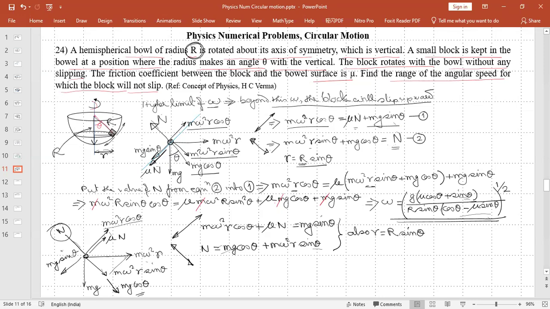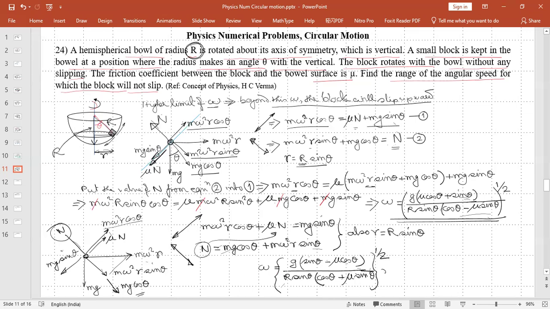If you find out the value of omega similarly, that means put the value of N from here to here, then you will find omega is equal to g times sin theta minus mu cos theta divided by capital R sin theta within bracket cos theta plus mu sin theta, whole thing to the power half.